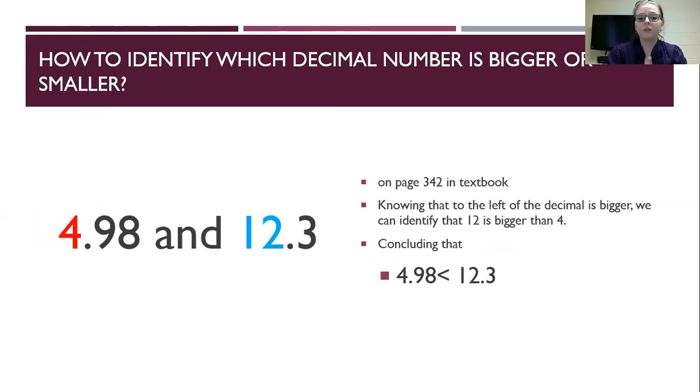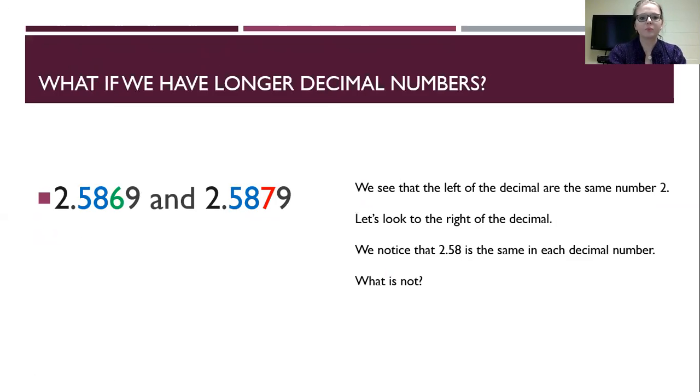We know that 12 is bigger than 4 and 4 is smaller than 12. So we're going to put 4.98 is less than 12.3. And that's just how we're going to look at this. So always look to the left to see if the decimals are going to be bigger or smaller, and then that can help us identify those in ordering the decimals.